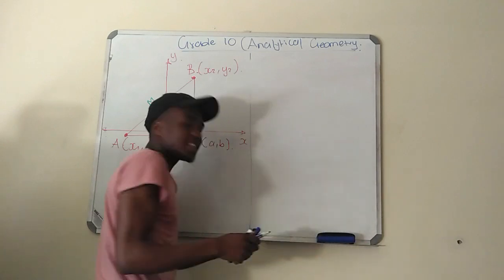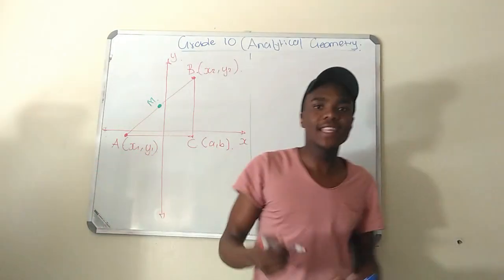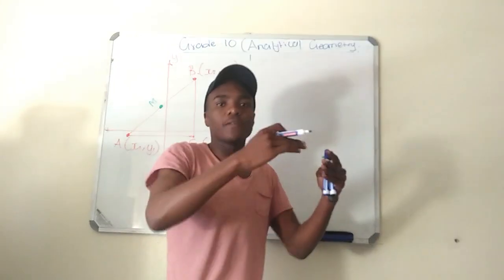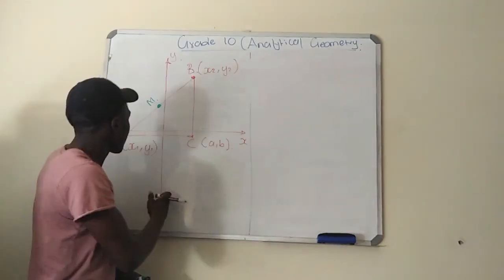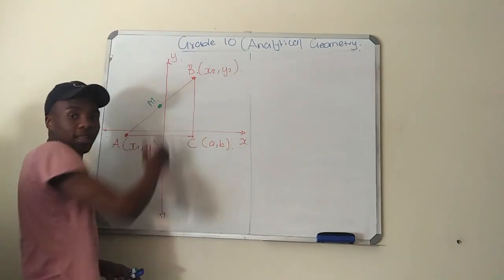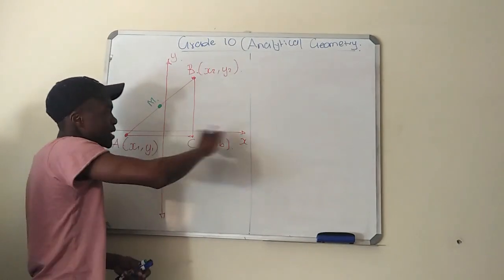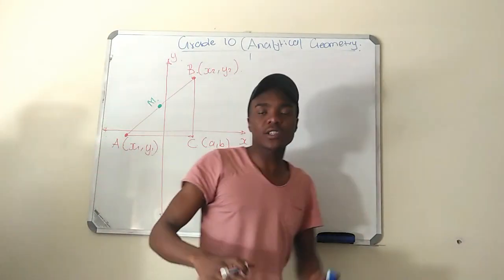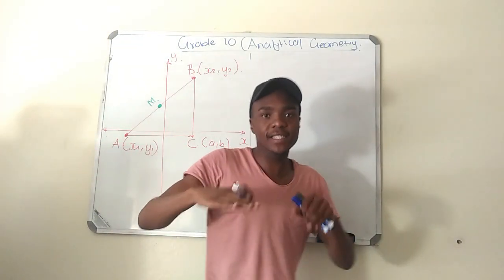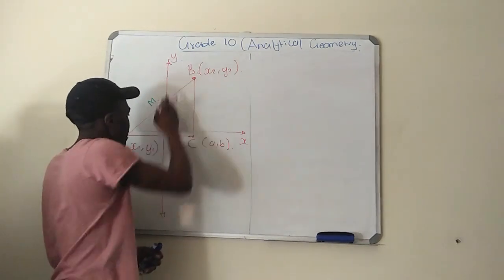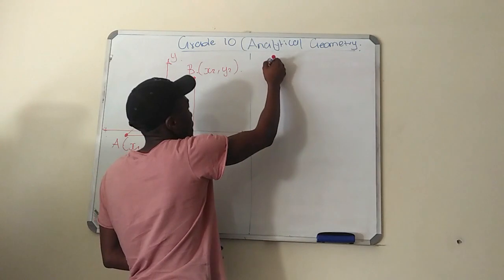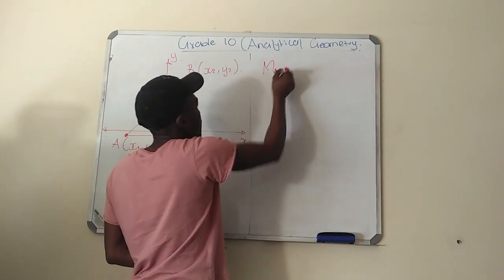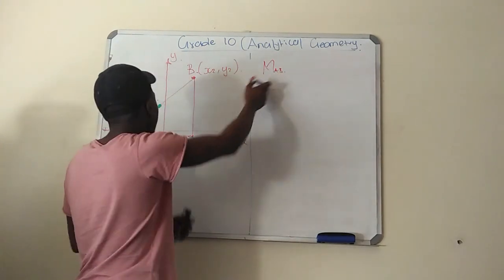The gradient, I said, is the ratio of the vertical shift over the horizontal shift. The vertical change is on the y-axis, and the horizontal change is on the x-axis. So we look at the changes that happen in the x-axis and the changes that happen in the y-axis. Usually we use this notation for the gradient of AB.